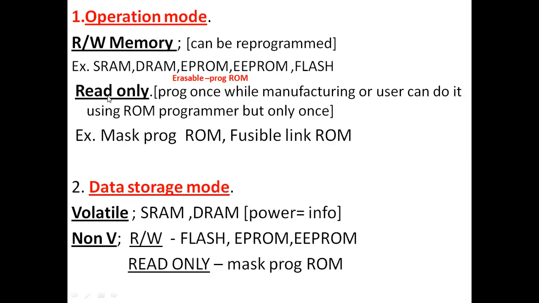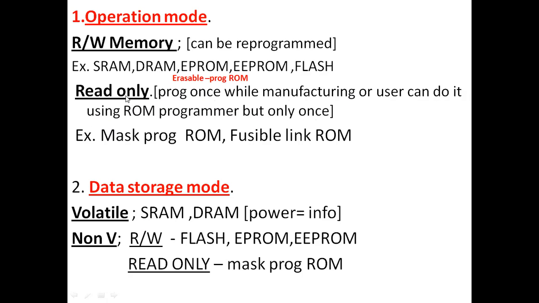Compared to this, read-only means the program is written once while manufacturing, or the user can do it using some ROM programmer, but the programming can be done only once.